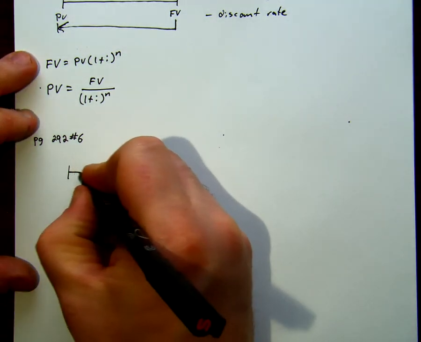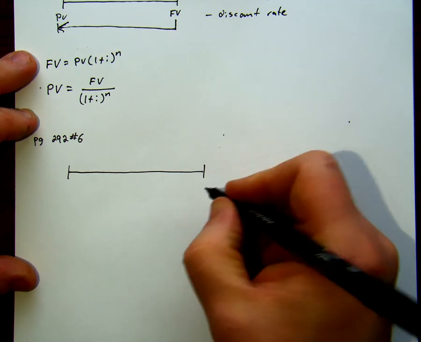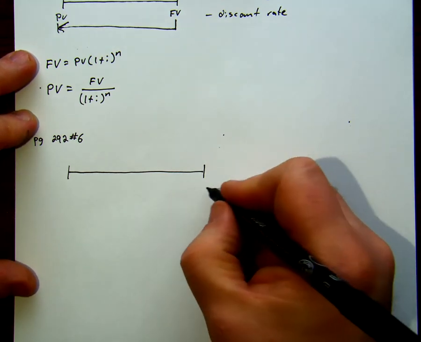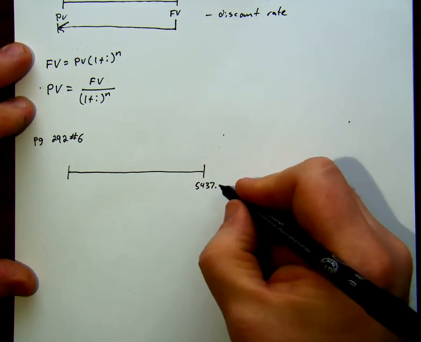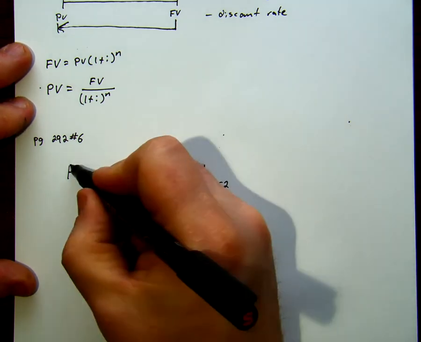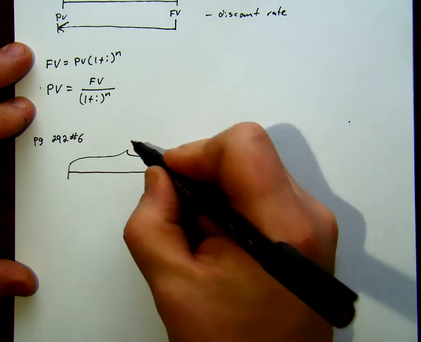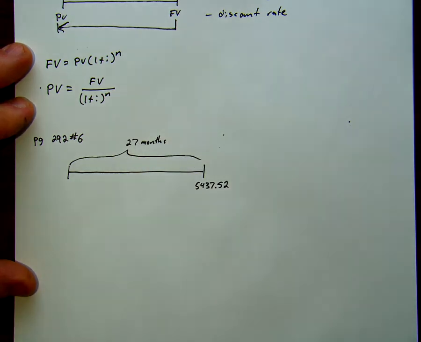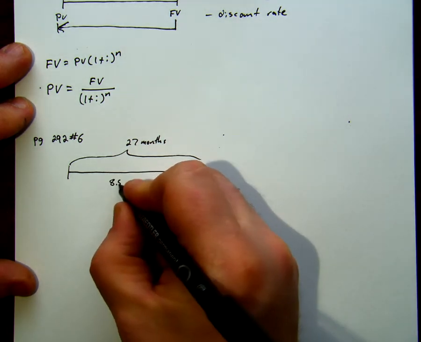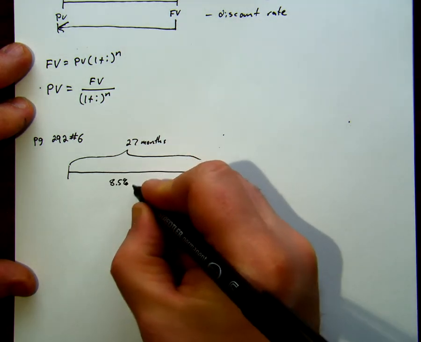So again, we start with our problem and we say, well, we have a future value of 5437.52. We have a duration of 27 months. And we know that money earns 8.5% quarterly.